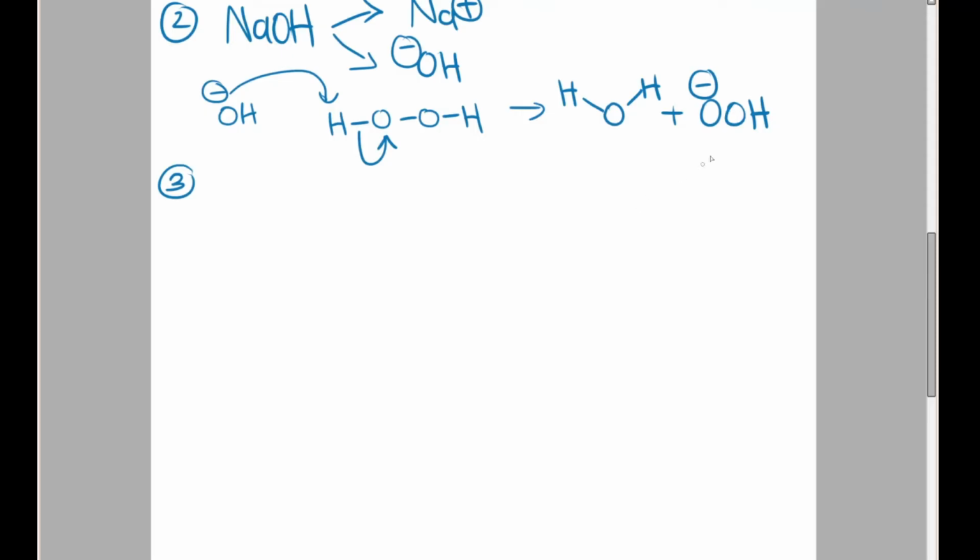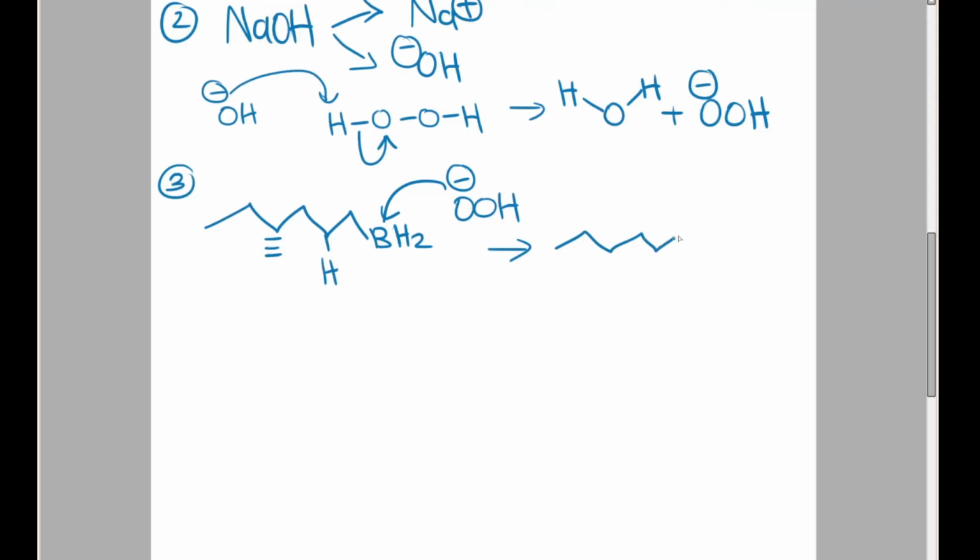We kind of just care about this negative anion. So I'm just going to redraw this molecule. You don't have to draw this hydrogen atom, but I am drawing it just for clarity purposes. So this OOH minus will attack this boron, and you'll get something like this.